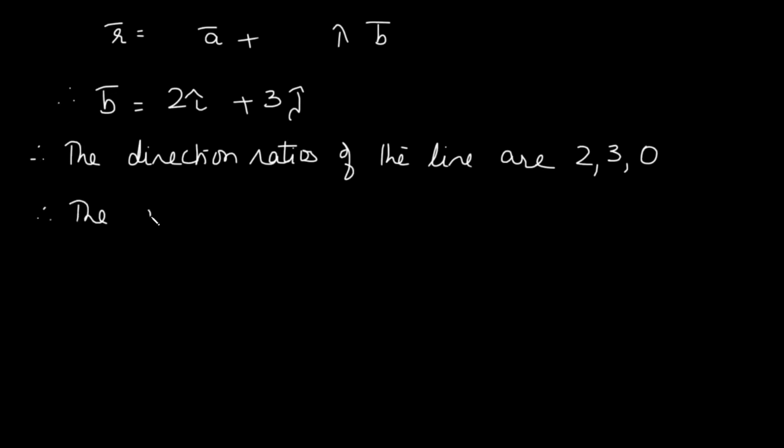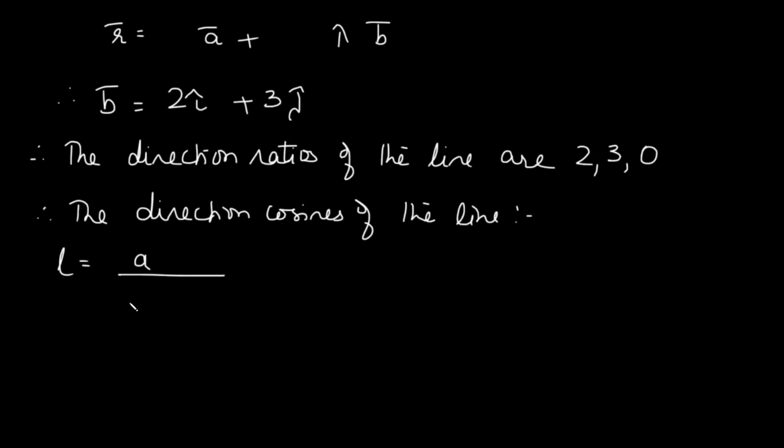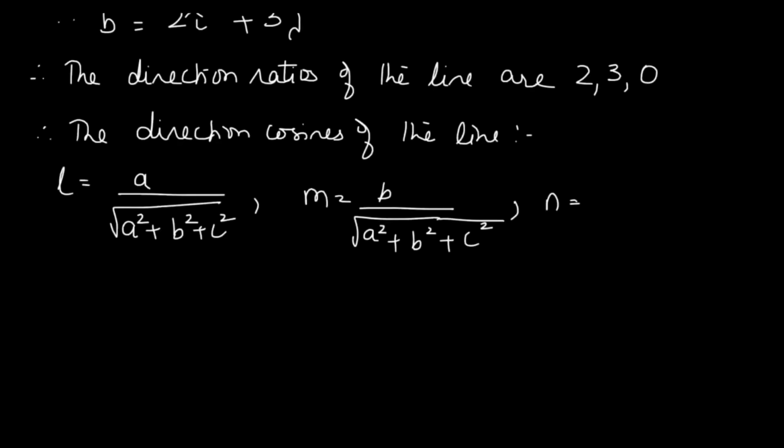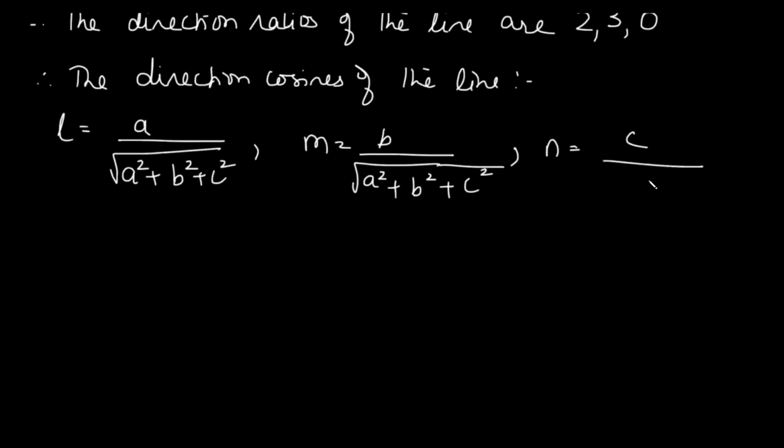Therefore, the direction cosines of the line are given by the formula: l is equal to a upon root of a square plus b square plus c square, m is equal to b upon root of a square plus b square plus c square, and similarly n is equal to c upon root of a square plus b square plus c square.